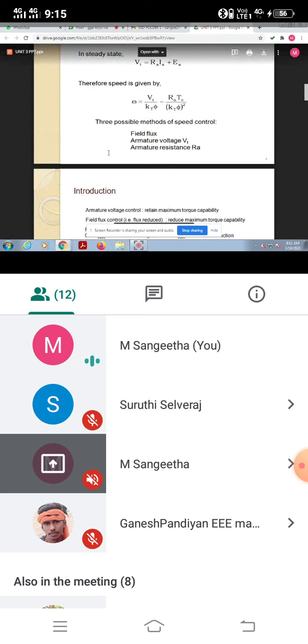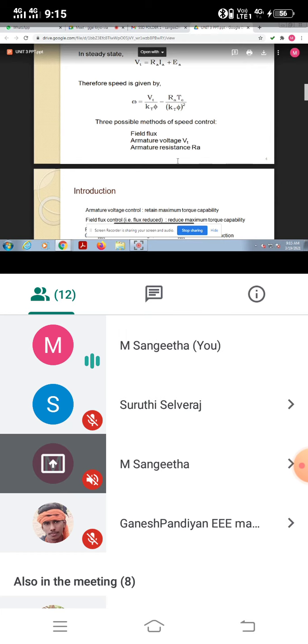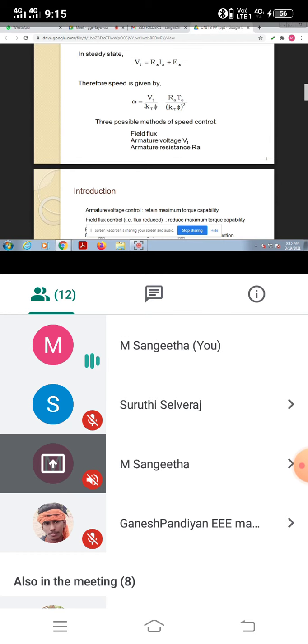Let us see the three possible methods of speed control. It has three classifications: field flux, armature voltage Vt, and armature resistance Ra. We have the terminal voltage Vt, the flux phi, and the armature resistance Ra.